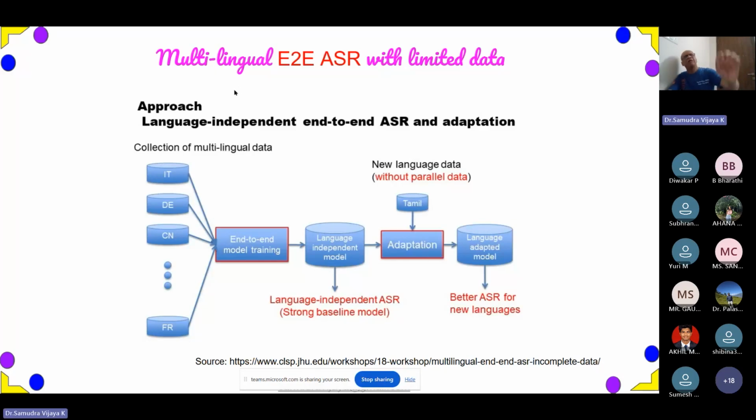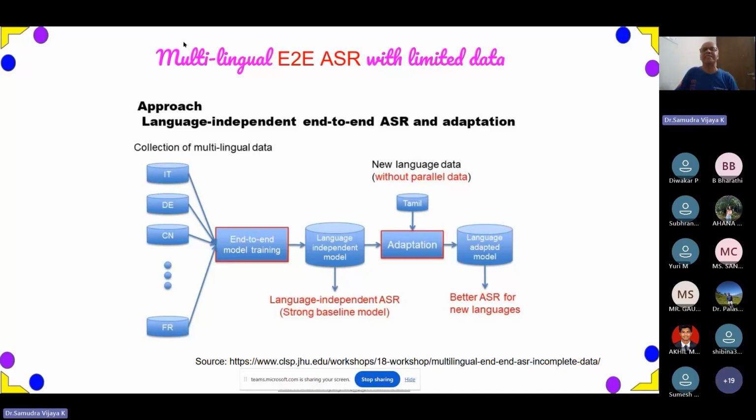And then from that common Indic language system, which is trained with a large amount of data, you adapt it to your language. Suppose your language is Punjabi, you take your Punjabi 100 hours of data and adapt this built system to the Punjabi language.